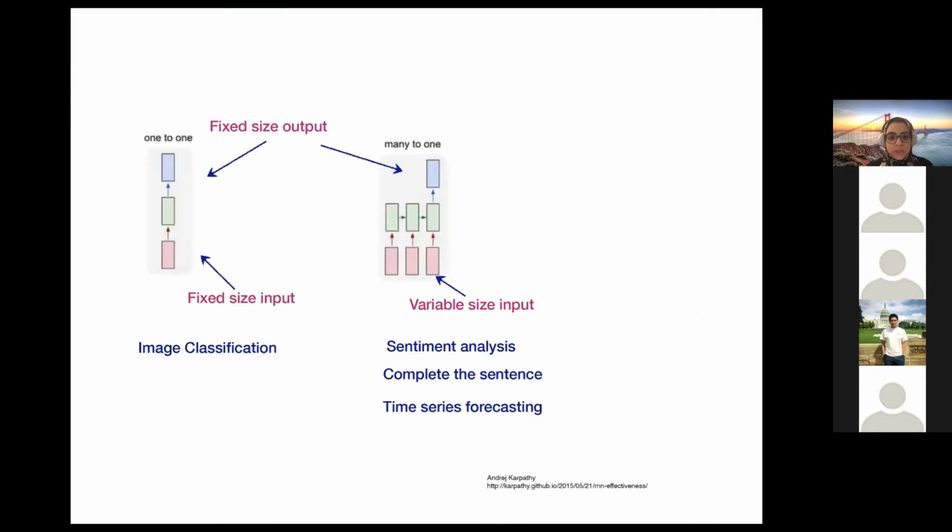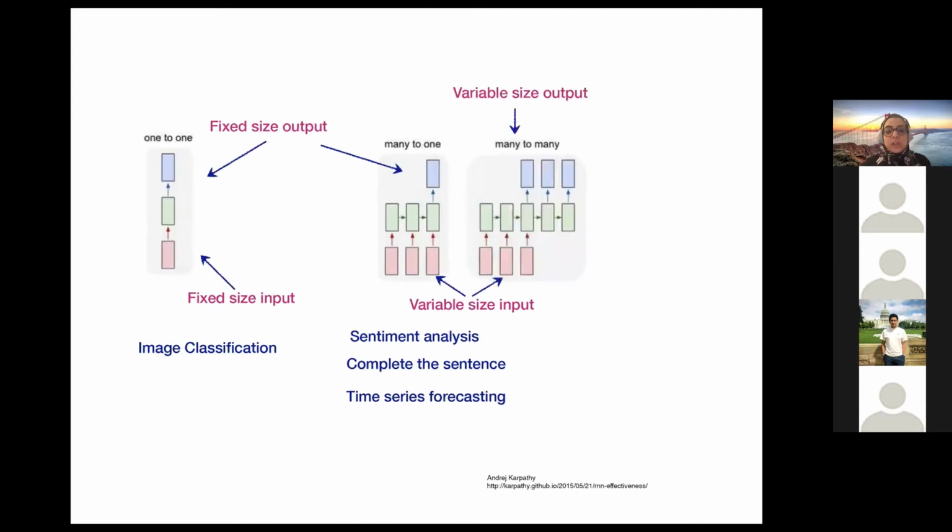Okay. So far we talked about one-to-one and many-to-one, where we have a variable input and produce a single output. We have another setting where we have a variable input and multiple outputs. That's, for example, machine translation, where you have an English sentence and you want to produce a Chinese sentence or a French sentence.